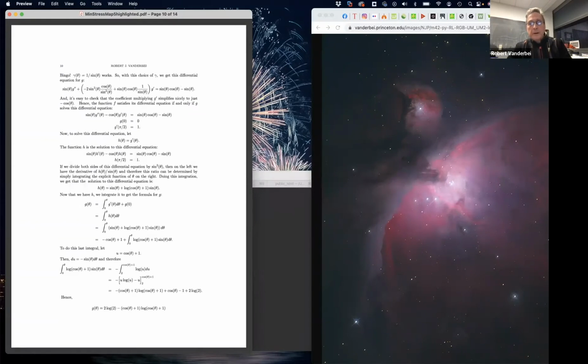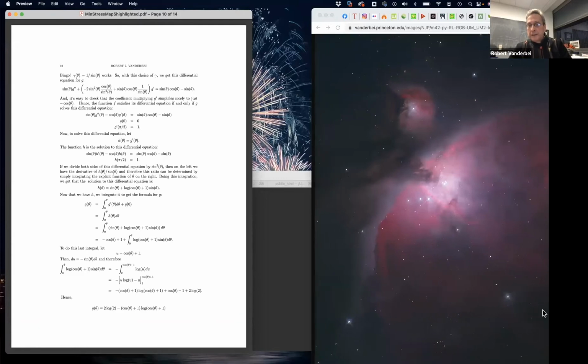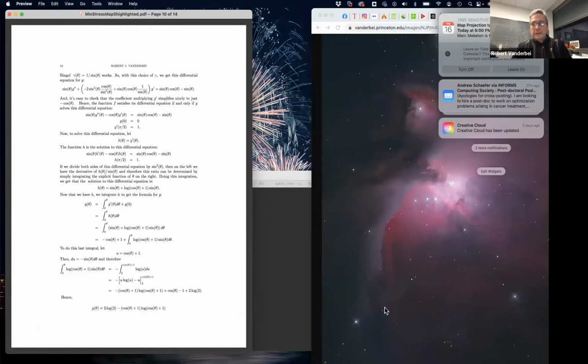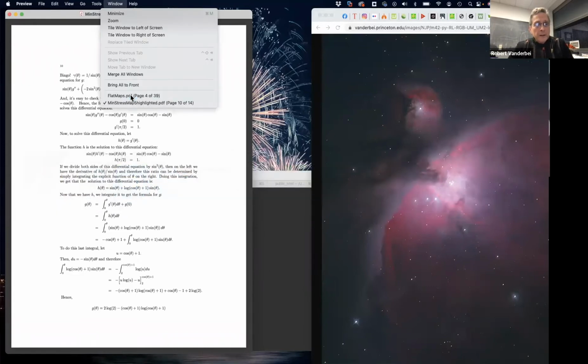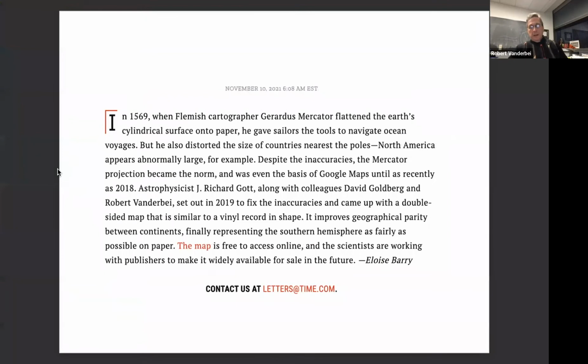Escape out of that. Where is it? Oh my goodness. Hold on a second. I don't know what I did wrong. I'm screen sharing. How do I get to the other screens? Let me window show. There we go. Flat maps. There we are. Sorry, not very good at these things. Sharing full screen is a mess.